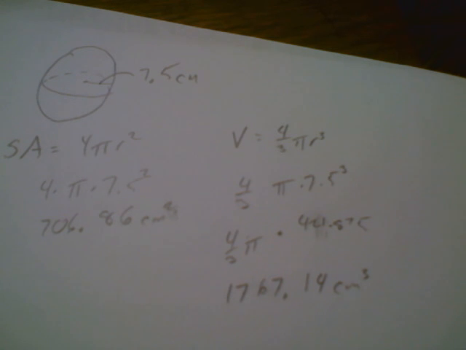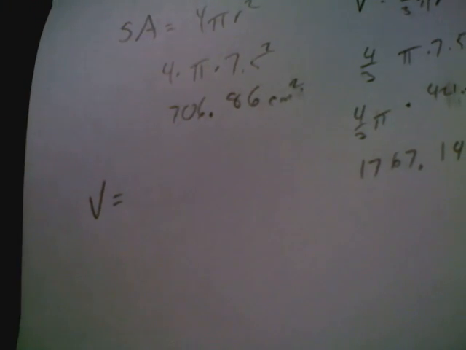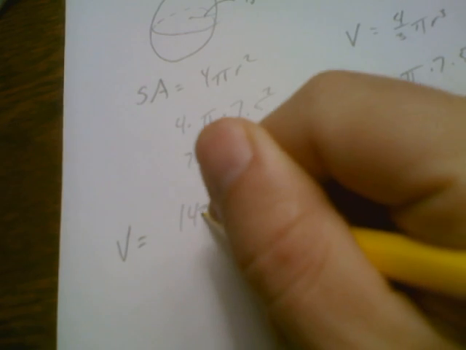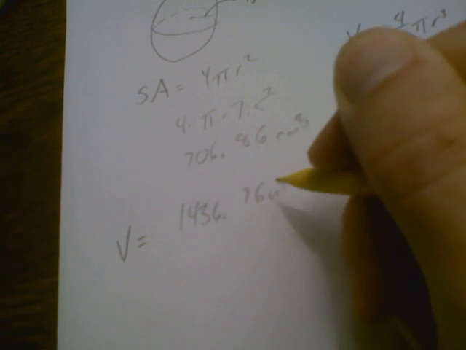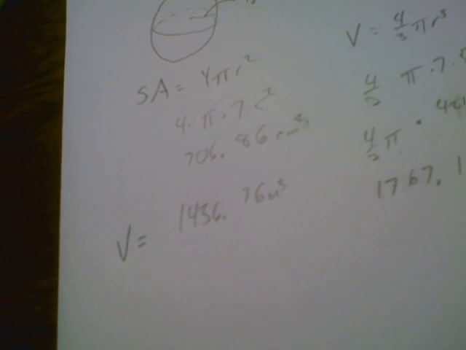So let's say that we're given a volume of, I'm just going to pick number 16 out of your book, we're going to say that the volume is 1436.76 cubic meters, and we have to find the radius. Well, we do the same thing, we just work backwards.